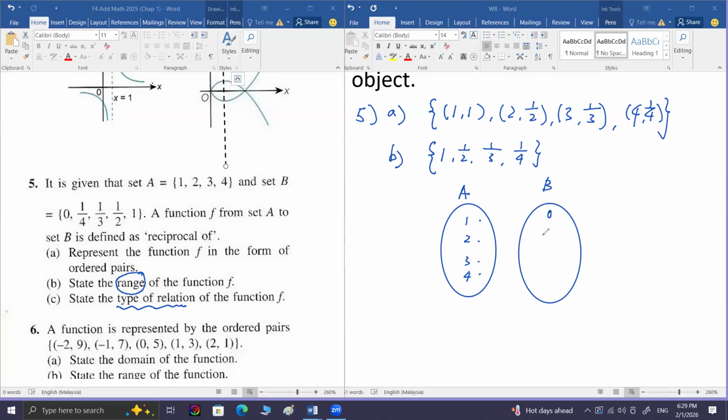And 0, 1 per 4, 1 per 3, 1 per 2, and 1, right? You can do rough work. For example, 1 to 1, 2 to 1 over 2, 3, 4. What is this relation? Yes, 1-to-1 relation. Okay, see right now. 1-to-1 relation.